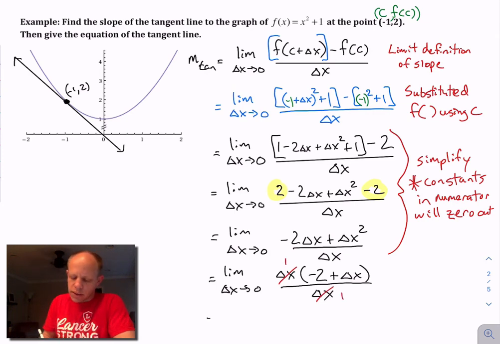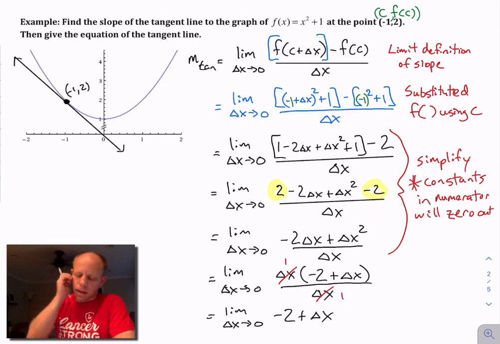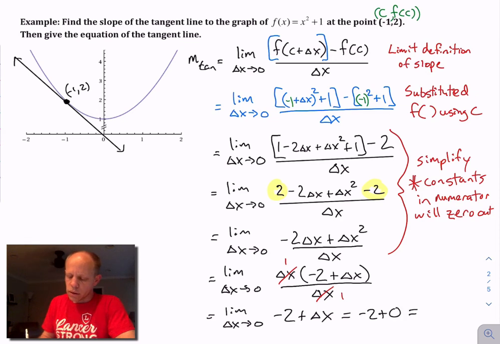And if I just rewrite this now, I have the limit as delta x approaches 0 of -2 plus delta x. All right, now at this point, the denominator is gone, and so we are able to use direct substitution. And so we can just substitute 0 in for delta x, and we get -2 plus 0, or -2.